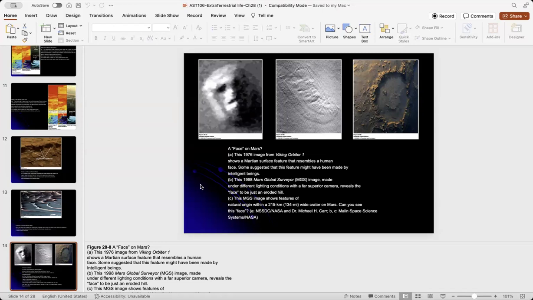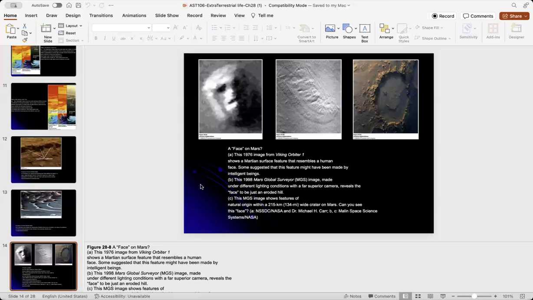And then later on, with a much more powerful high resolution camera, when the same picture was taken, it was seen that it is just an eroded hill and nothing special about it. In the next picture, there is another interesting feature.